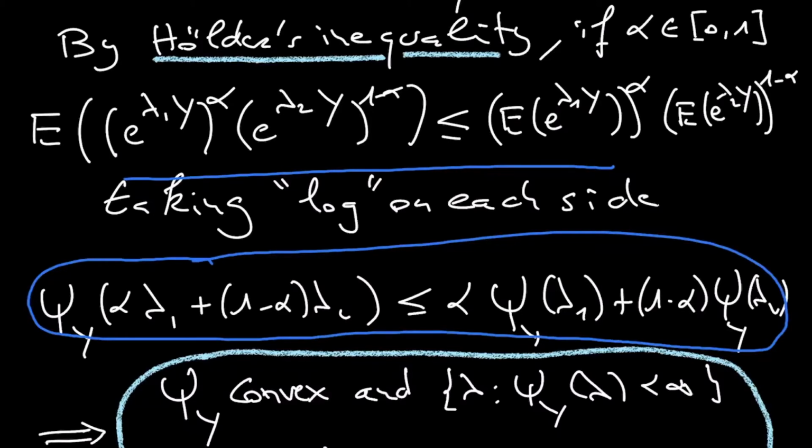All the powers are integrable. So this is not obvious at all that the moment generating function, excuse me, is finite on a non-trivial interval. But when it is the case, nevertheless, the set where it is finite is an interval.